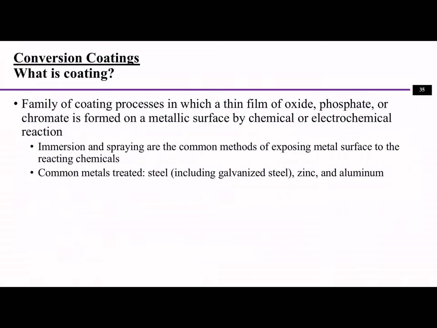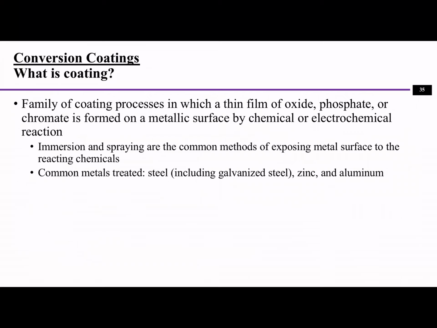Next one is conversion coating. Conversion coating is a process in which a thin film of oxide, phosphate or chromate is formed on a metallic surface, either by chemical or electrochemical reactions.